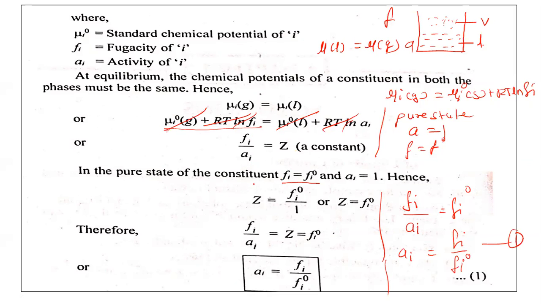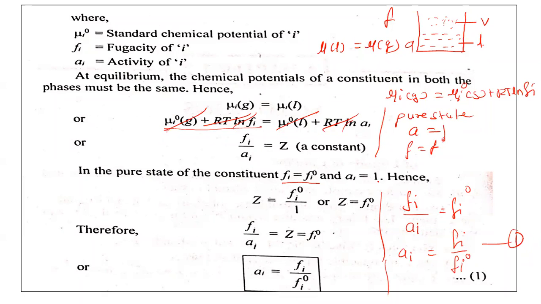In the pure state of the constituent, fi is equal to fi0. When the liquid or the gas is in the pure state, the fugacity of that component becomes equal to the standard fugacity fi0, and the activity becomes equal to 1. In the pure or standard state, the activity of the liquid becomes equal to unity.